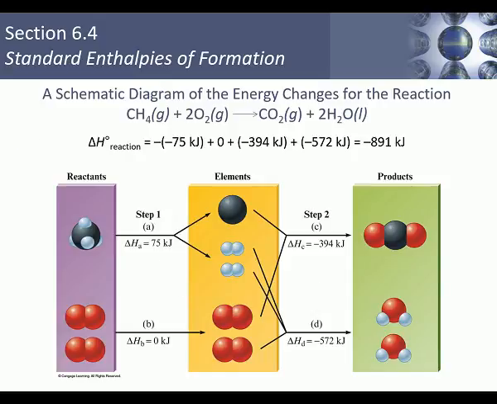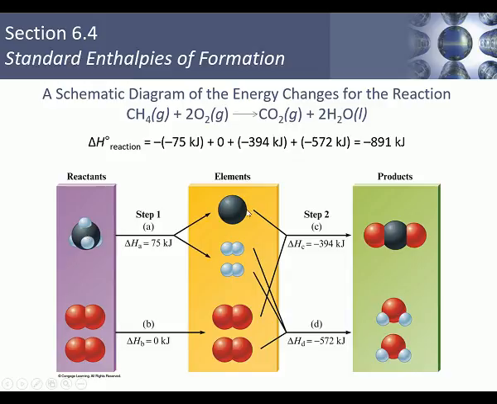So let's use the combustion of methane, CH4, as an example and show what's going on here. In this reaction, we have methane, CH4, and oxygen, O2. You need 1 methane and 2 O2s. In order for them to combust, rearrange, and form carbon dioxide and water, the hydrogens have to remove themselves from the carbon.